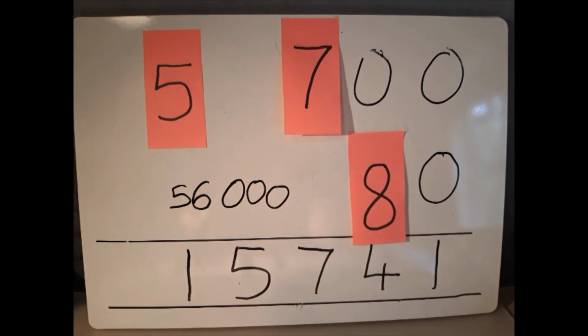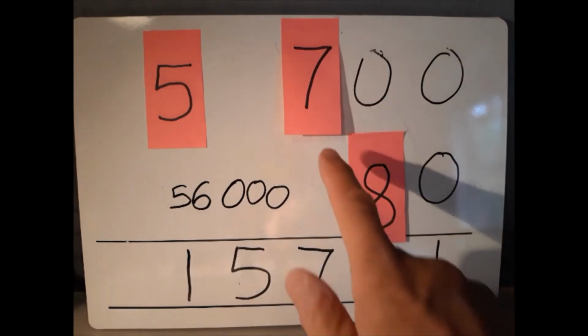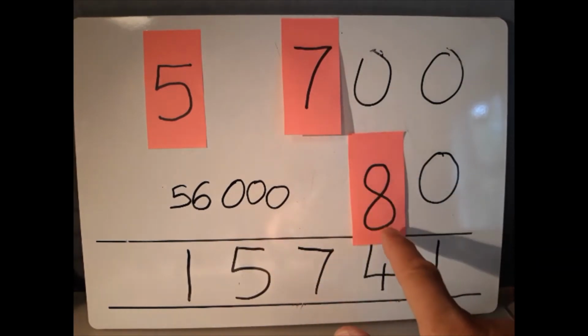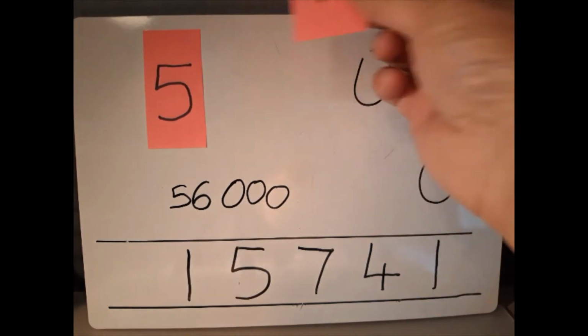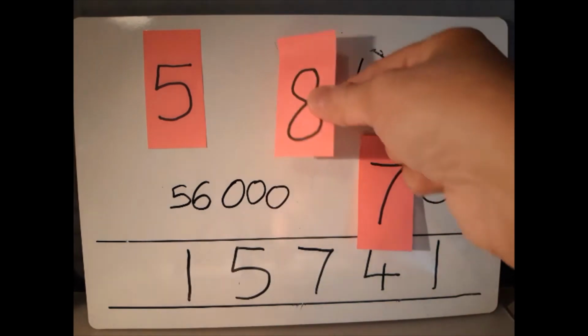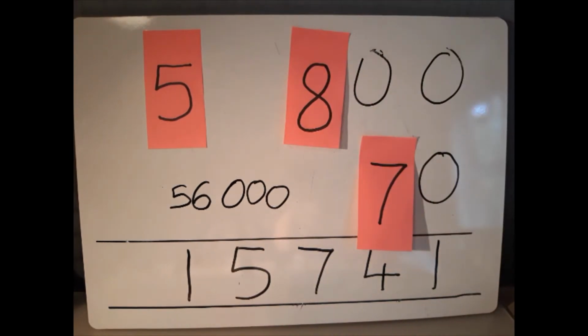That will give me 56,000, which is miles bigger than what we've got. So I know that the 7 and the 8 can't both be where they are. And even if I swap them round and have 800 times 70, that will still give me 56,000. So they are not going to go there. One of them might, but not both of them.